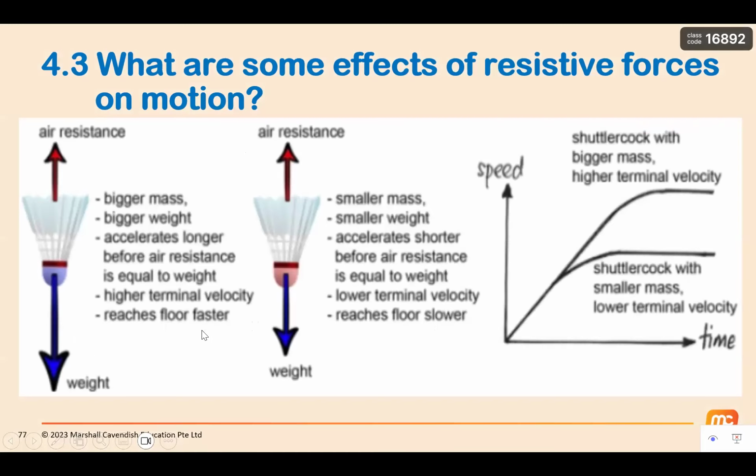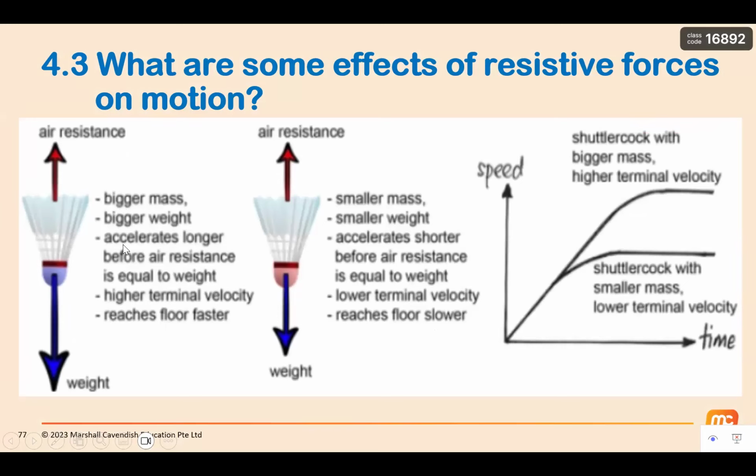Okay, let me give you another example. What you need to know is about terminal velocity for objects of different mass. So you take a look at here, I have a heavier shuttlecock. It has a bigger mass, bigger weight as compared to a smaller, lighter shuttlecock. So for the heavier one, it has a bigger weight. So what happens is it will take a longer time for the air resistance to become equal to the weight.